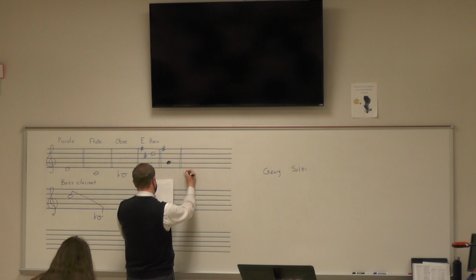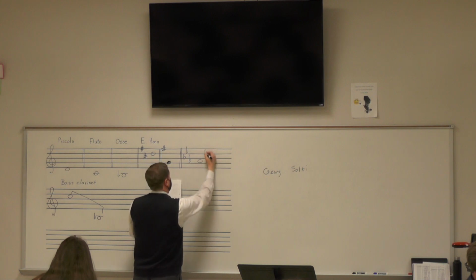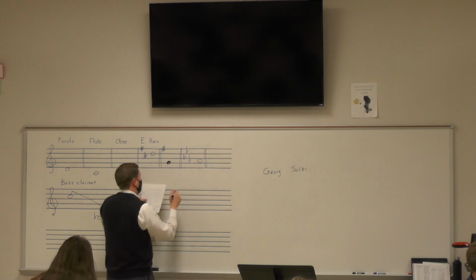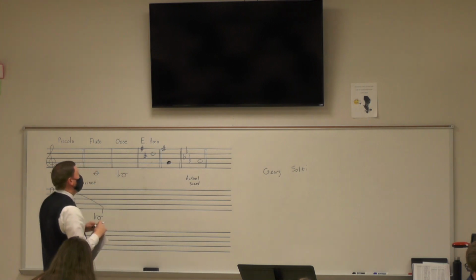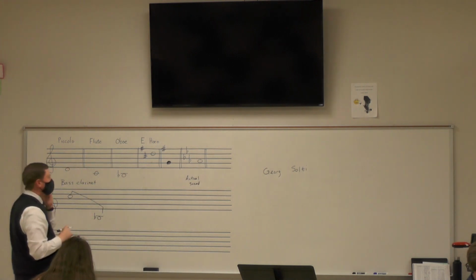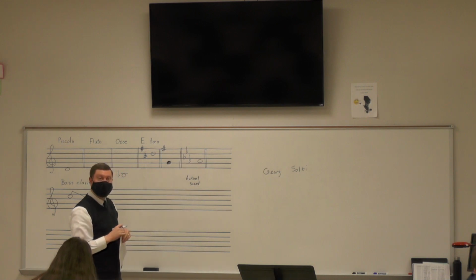How about this actual sound? I'm getting an A flat. It looks like it's coming out. We'll say this is a major key as well. It's coming out in the concert key of E flat major.